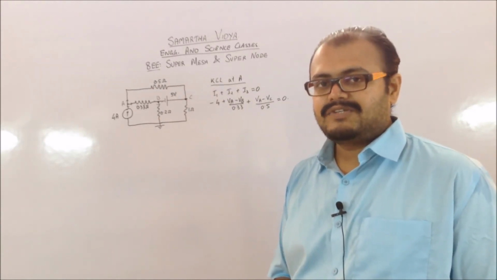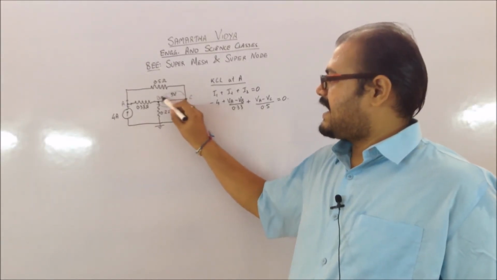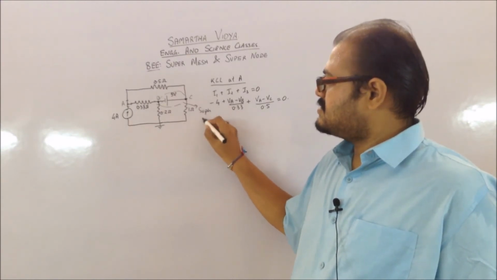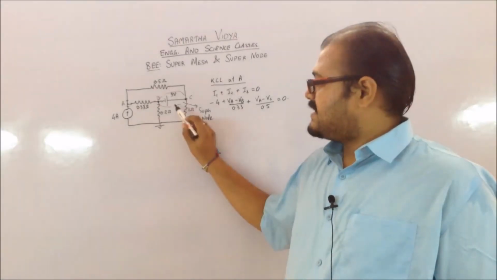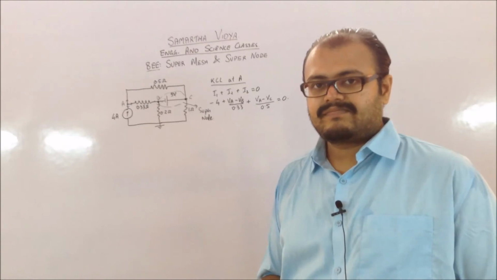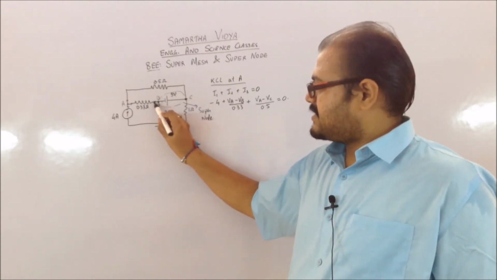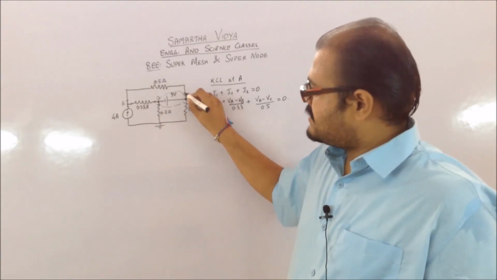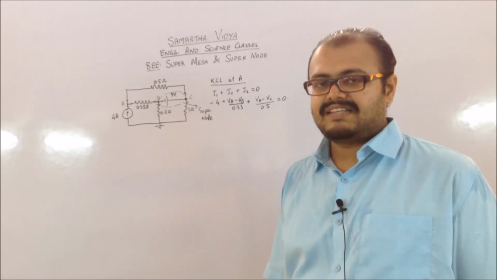So in that case, you consider B and C together as a super node. That means these two nodes act as one node. So you will consider a current going away from here, a current going away from here, and then a current like this, and one current going like this.